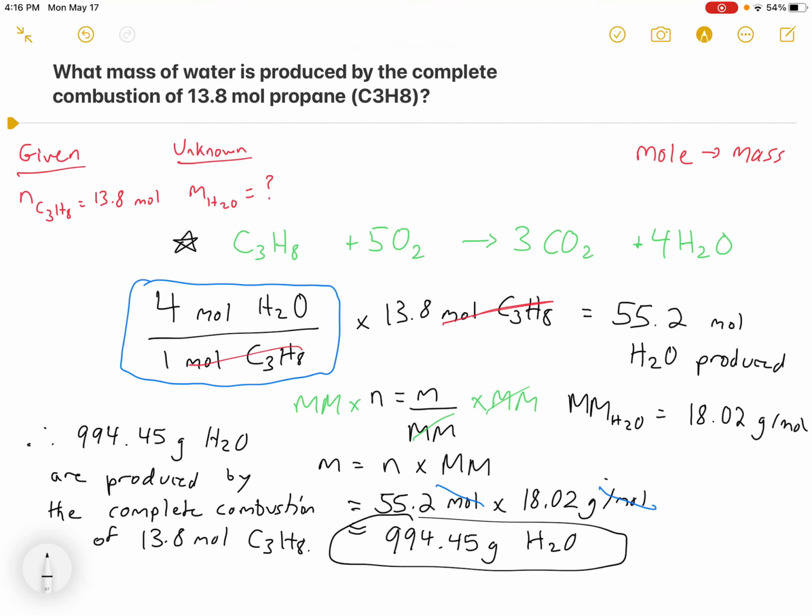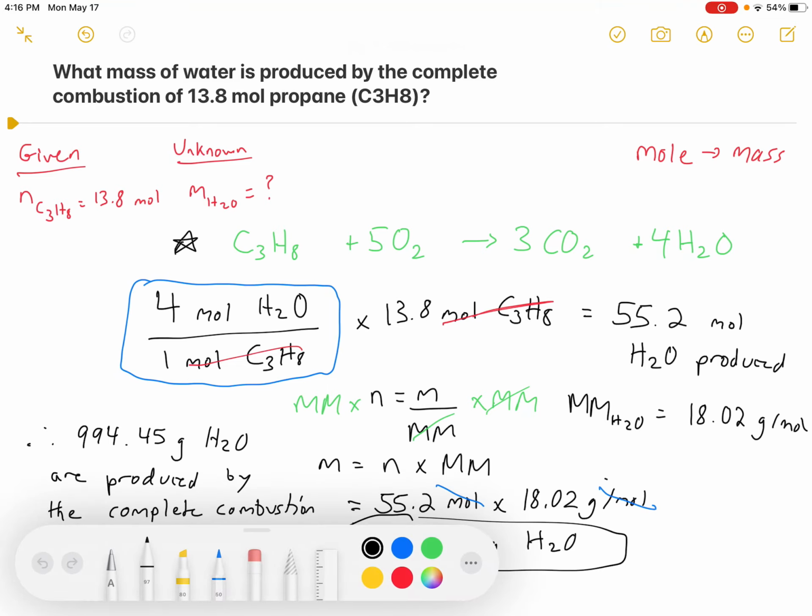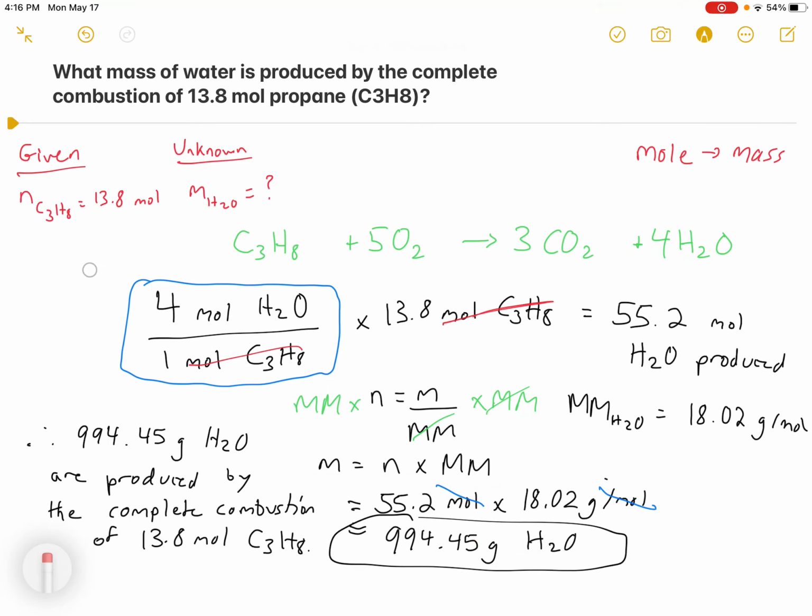Here we predicted the products of the reaction and we wrote out the reaction and we balanced it. And then here we set up an equivalent proportion using the mole ratios of the balanced equation to determine how many moles of water were produced.